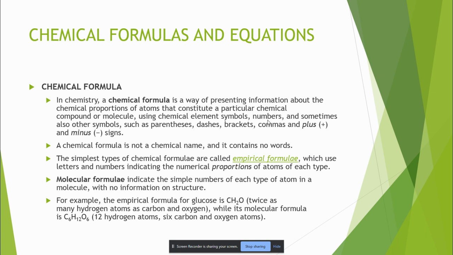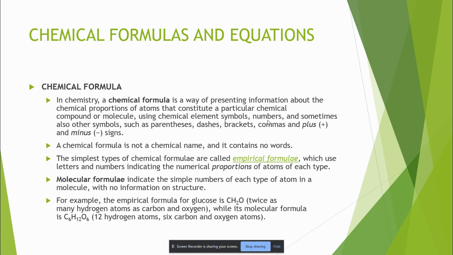When you get to organic chemistry, you will understand all these dashes and commas. A chemical formula is not a chemical name and it contains no words. CO2 is not a name. Do you get my point? It does not contain words; it is just letters and numbers.